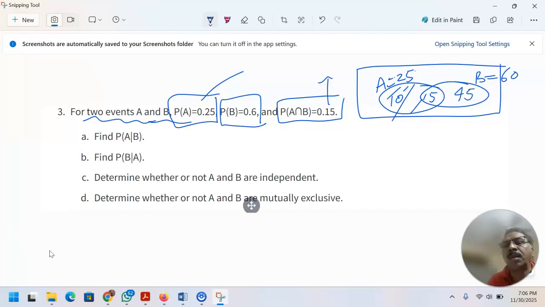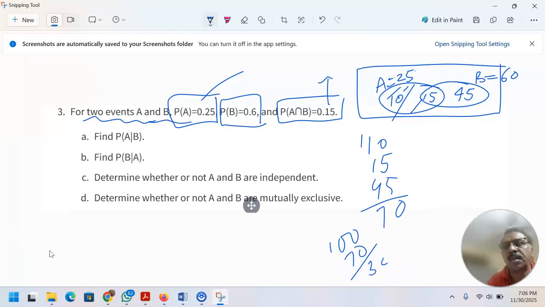If we add up all these, 10, 15 and 45, that will give you 70. So from 100, if I take off 70, you get 30. So this becomes 30, the outside of the two ellipses.